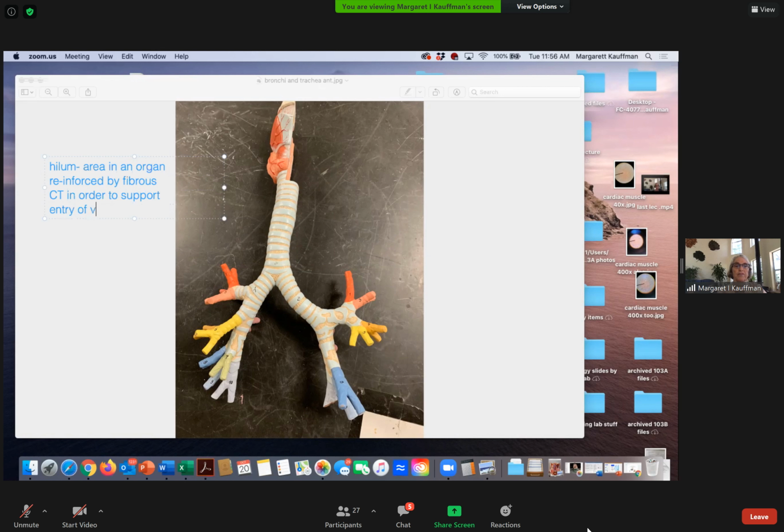In the lung models, the old models at least, it's labeled yellow. In the redder models, it just looks like an indentation where the vessels and the bronchi go in. The last thing about this model are these colors.